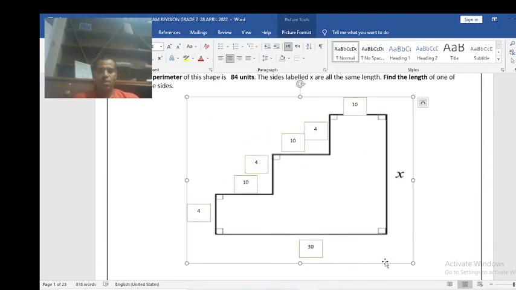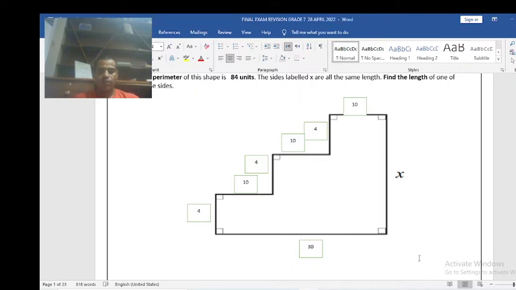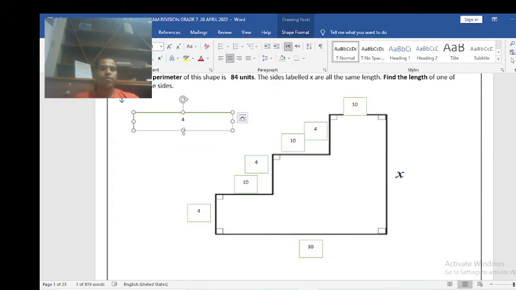So perimeter equals, I will do it here in a square. First of all, find the perimeter. Perimeter is equal to, let me make this bigger.